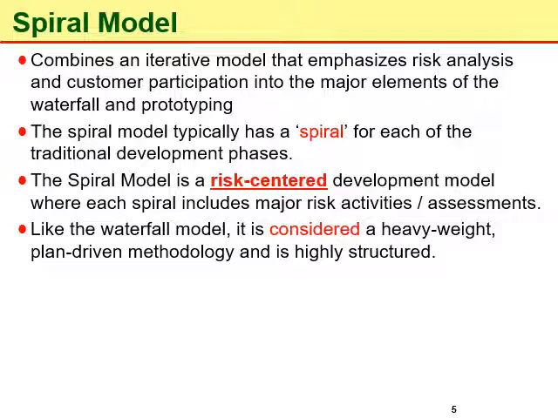So in each spiral or each iteration of this model, the traditional development activities may be followed. For example, traditional waterfall-like activities, in each iteration, such as planning, risk analysis, and resolution.